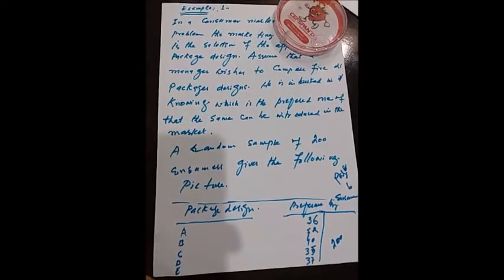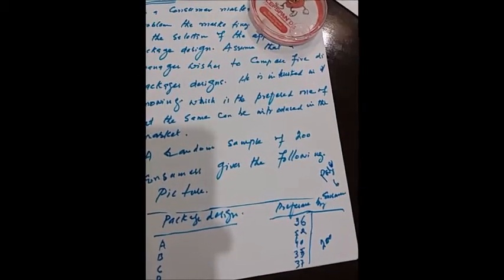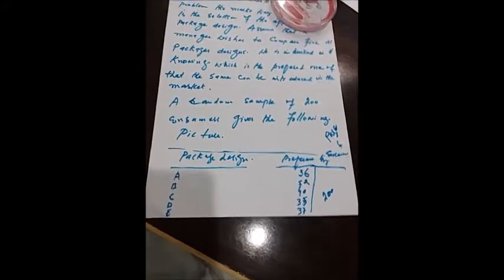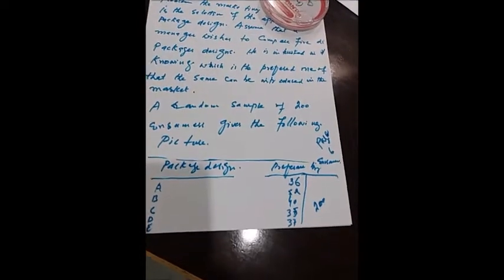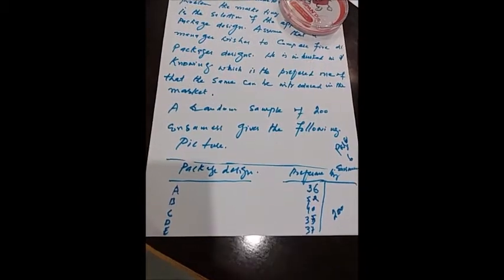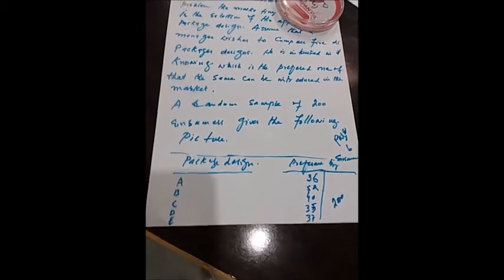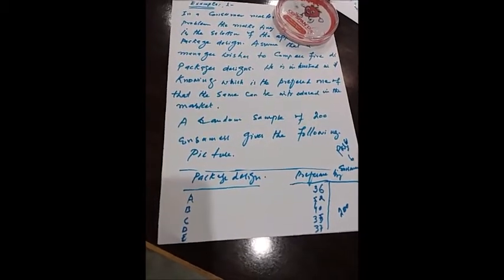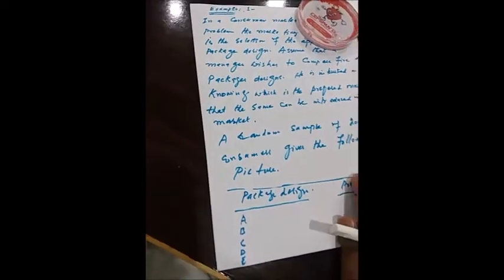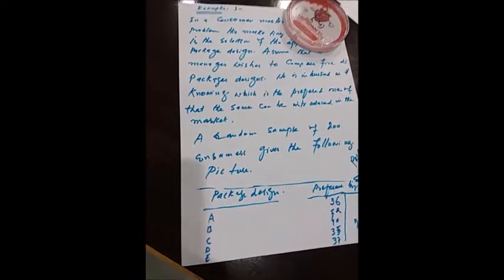In resolving this issue, the question is whether all package designs are equally preferred, or there is a significant difference in the preferences of the consumers regarding the package designs. So this is the problem we will try to resolve through the chi-square test.